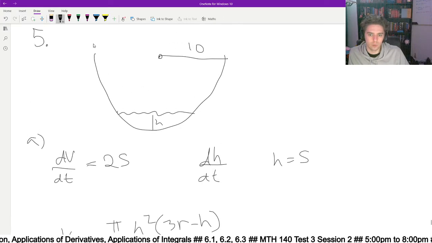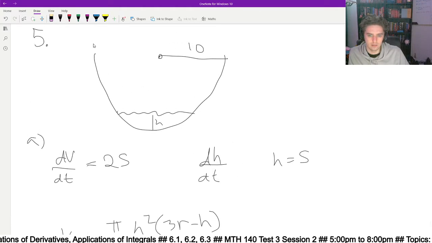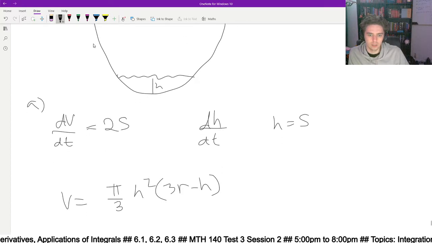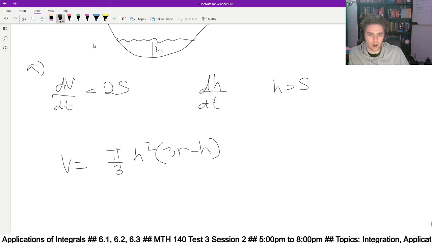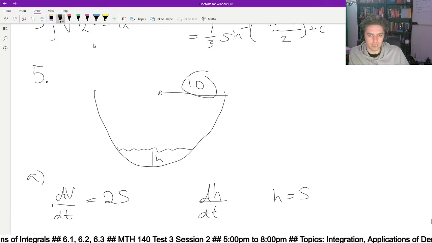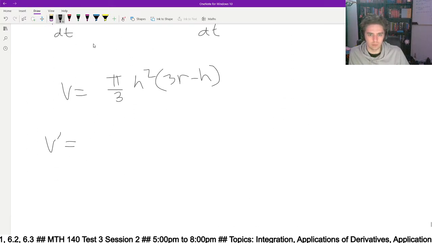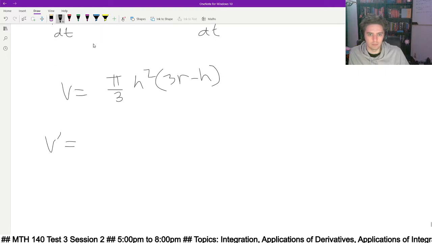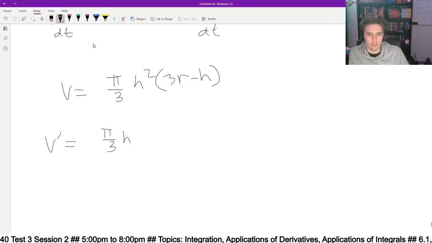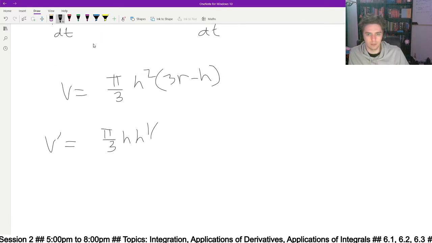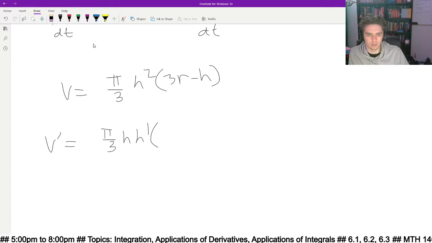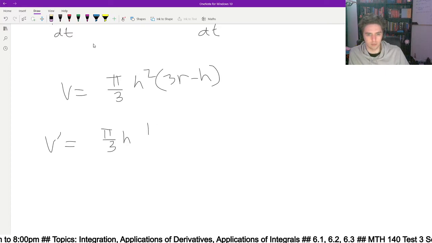And so we're looking for dh/dt. We only have one variable here. The r, that's the radius of the sphere. We know that's 10. So we just take the derivative, V prime with respect to time. Actually, I should multiply this in first.